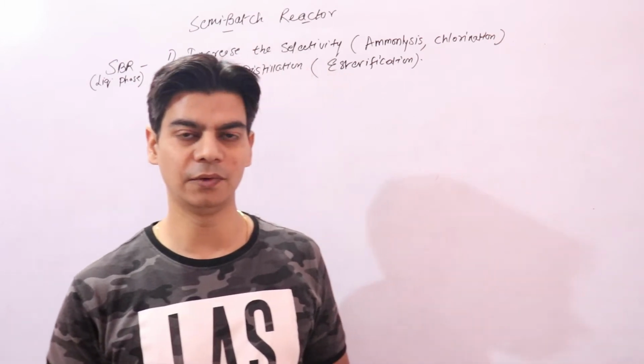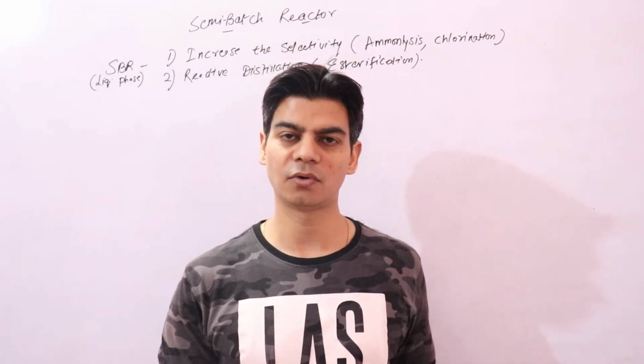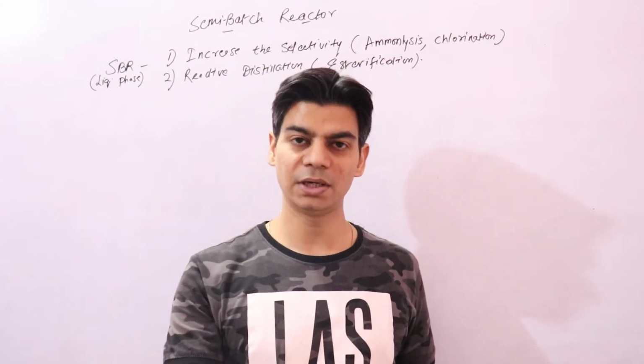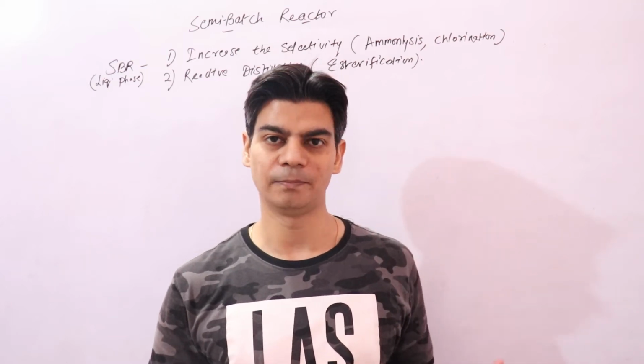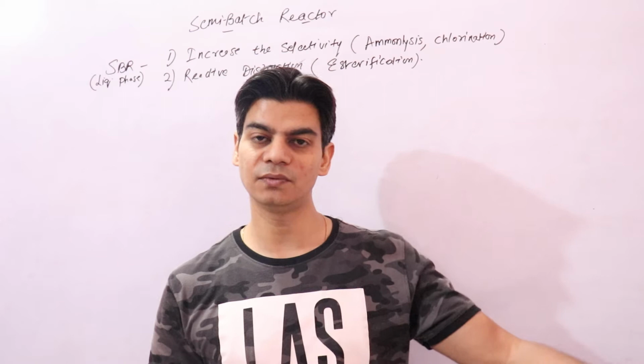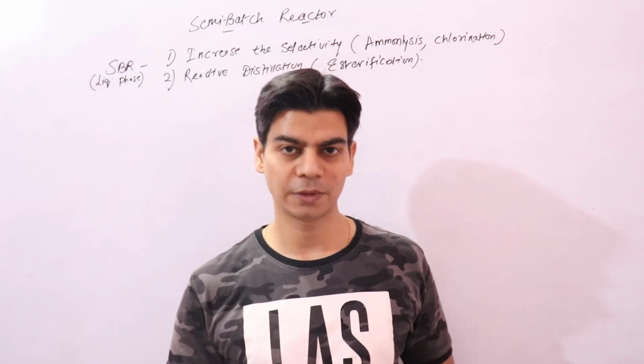This is selectivity, and we'll look into selectivity in mathematical form also, because selectivity is calculated using the rates of two reactions: one reaction giving the desired product, the other giving the undesired product.